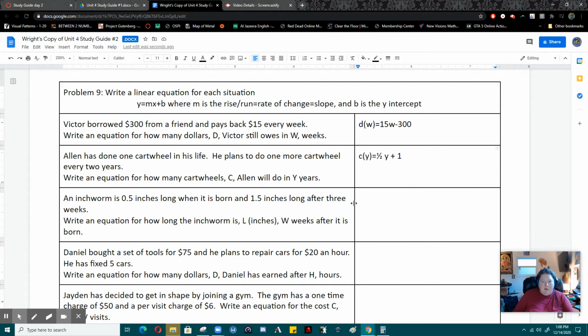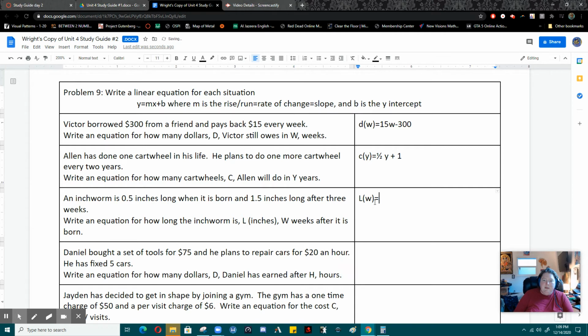Next one, an inchworm is 0.5 inches long when it is born and 1.5 inches long after 3 weeks. Write an equation for how long the inchworm is, L inches, W weeks after it is born. So its length after the number of weeks of life.